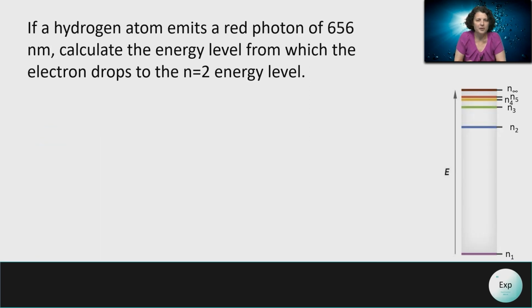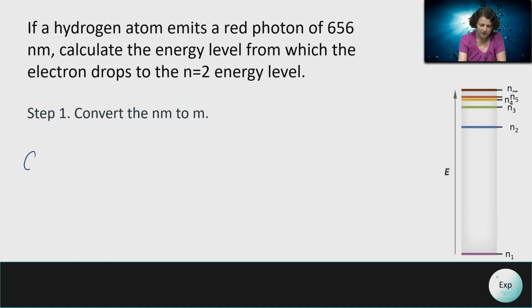Here is a problem that requires us to use this information to complete a calculation. We are provided with one of the wavelengths from the hydrogen emission spectrum. It is a red photon of 656 nanometer wavelength. The first thing that we will have to do is convert to our base unit for wavelength because all our calculations require the use of base units.